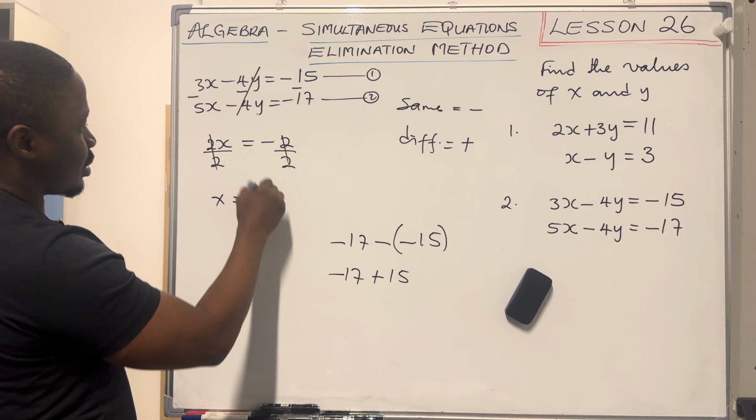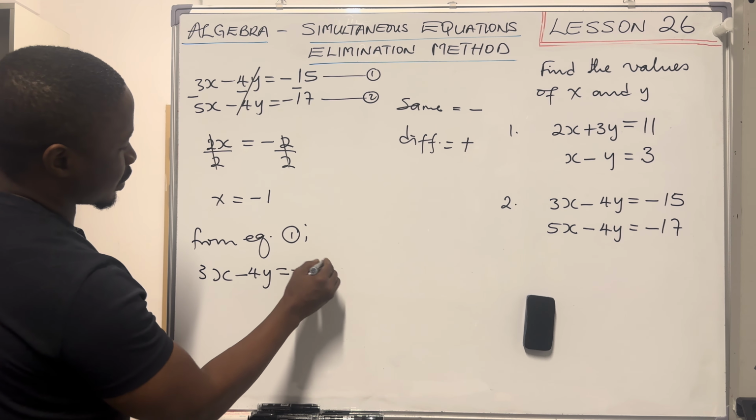So it remains y. You can go to equation 1 or equation 2. So we say from equation 1, you can choose to select any of the two. Equation 1 says what? 3x minus 4y equal to minus 15.